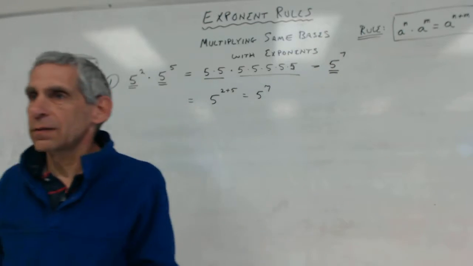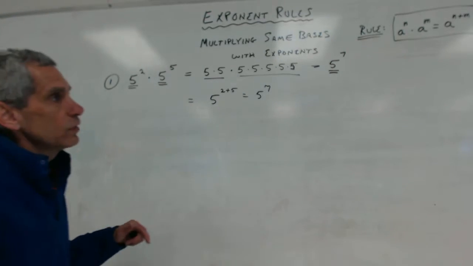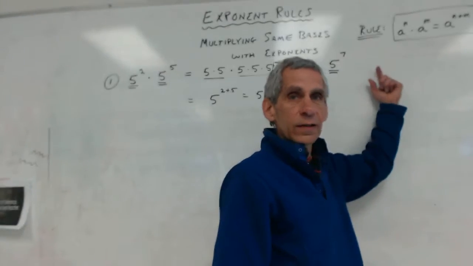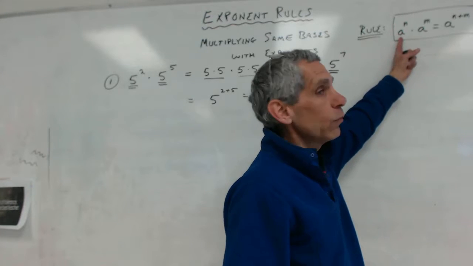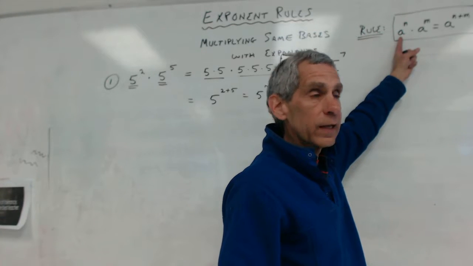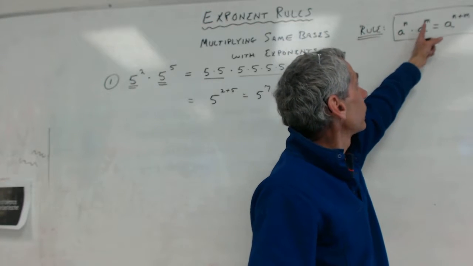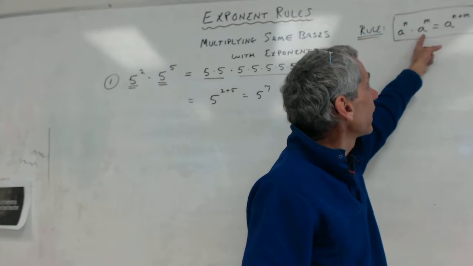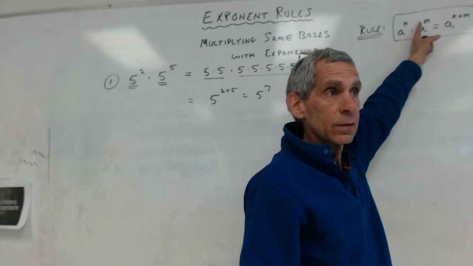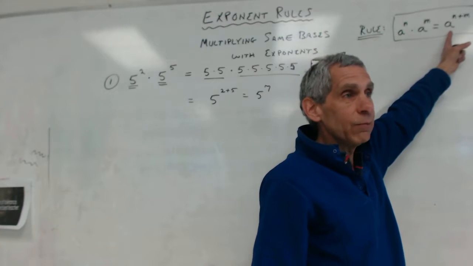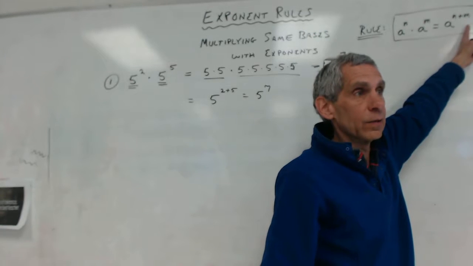And it makes sense. They're just using variables because they wanted to refer to anything. A would be any number. That's your base. It's the same base here. One's raised to the n power, one's raised to the m power. We're multiplying same bases with exponents. We keep the base and we add the exponents.